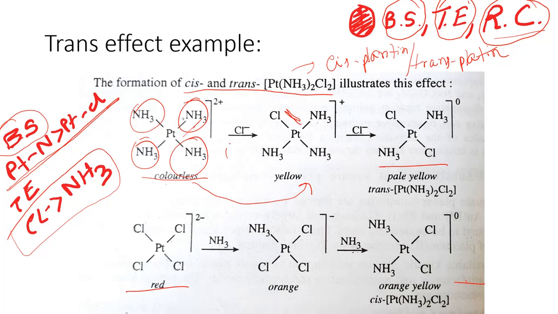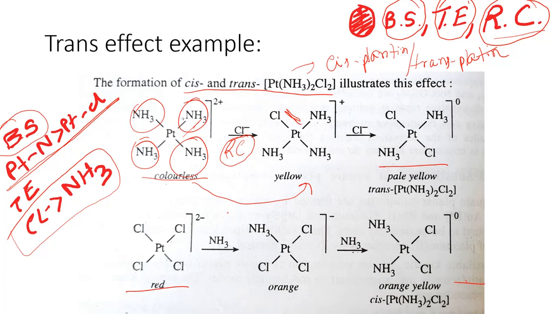Therefore the last condition, the reaction condition, is favoring the step. So when the trans effect fails, when the bond strength fails, then definitely the third condition, the reaction condition, will come into the picture for the step. Okay, so you have to remember this, that first we will see about the trans effect.